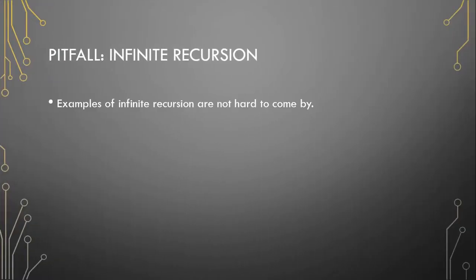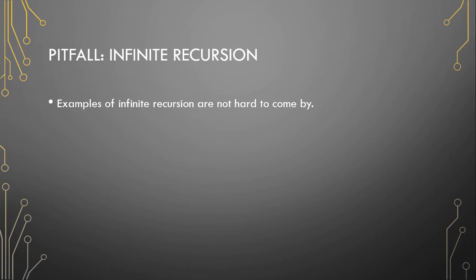Now, examples of infinite recursion aren't hard to come by. So think about our right vertical. If we had changed that from n is less than 10, for example, to a value that we would never reach. Let's say n is greater than 123, and our input is 123.